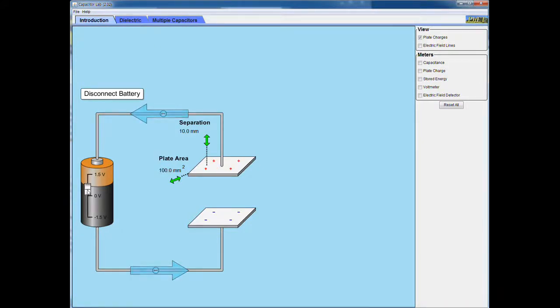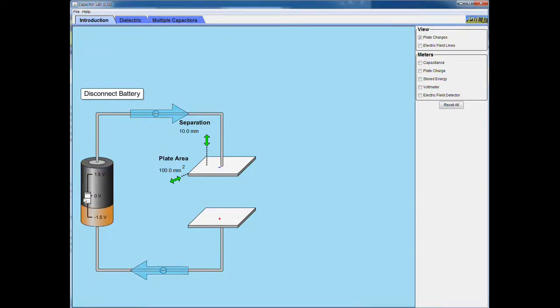As you can see, the arrows represent the current flowing, and then see what's happening. On these two conducting plates, you can see the positive charges are accumulating on the upper plate, while the negative charges are accumulating on the bottom plate. Then slowly move it back to 0, and you can see the charges disappear because the currents are flowing out.